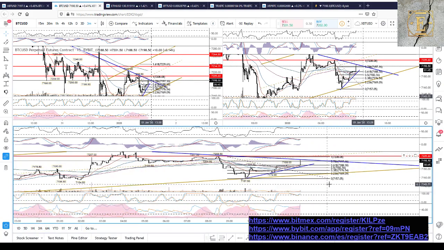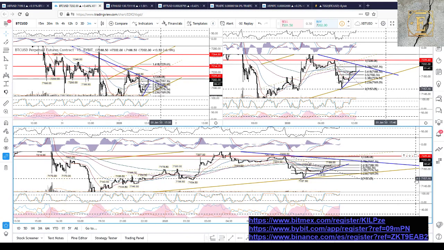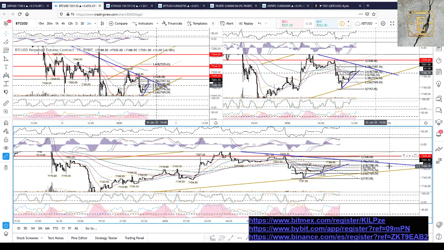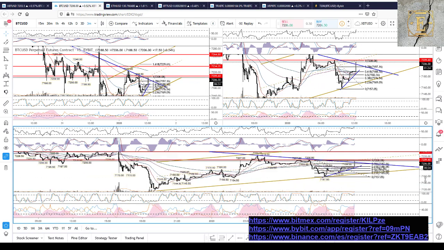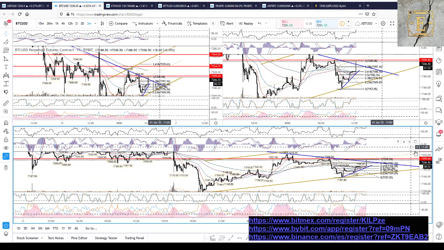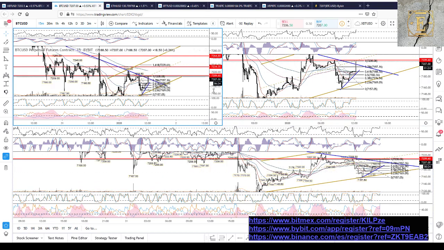One is greater. Trying to break the two. Broken. Big candlestick.